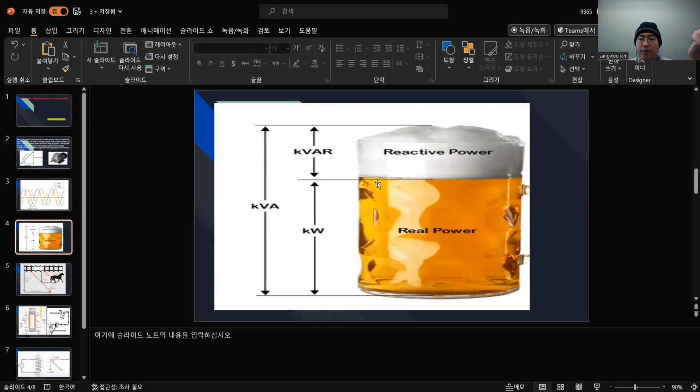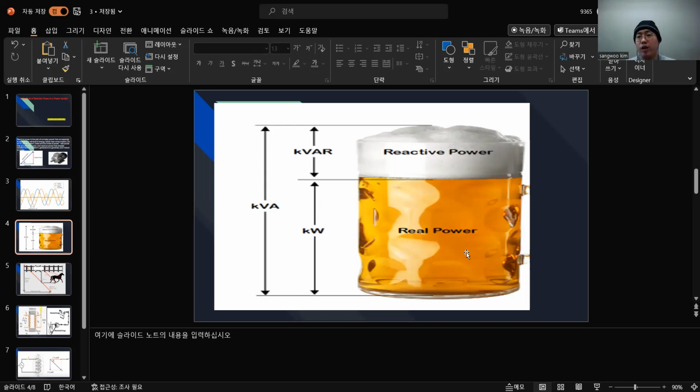The bubble part is reactive power and the real beer is active power. But actually, if we say reactive power is just a bubble, then real power is just the beer itself.